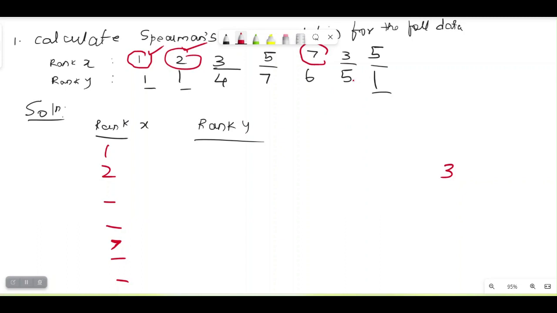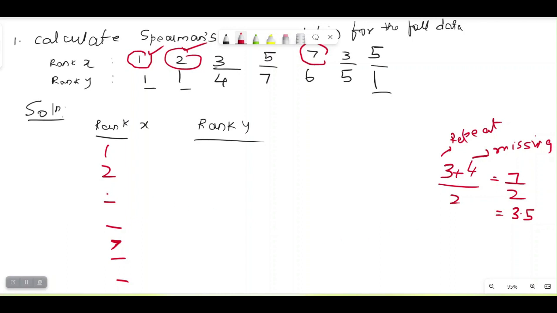So 4 is the missing rank. You have to find the average of 3 and 4. 3 is the repeated rank, and 4 is the missing rank. Find the average, 7 upon 2, the average is 3.5.